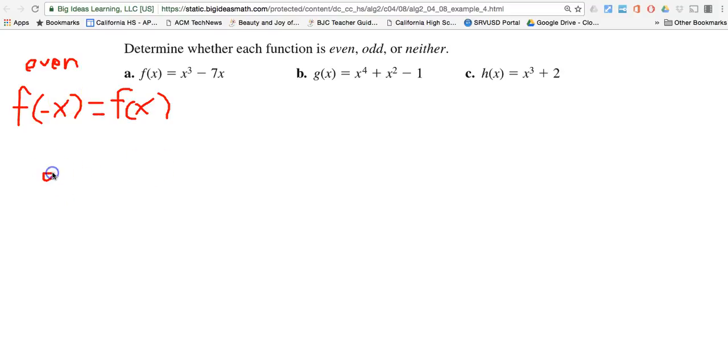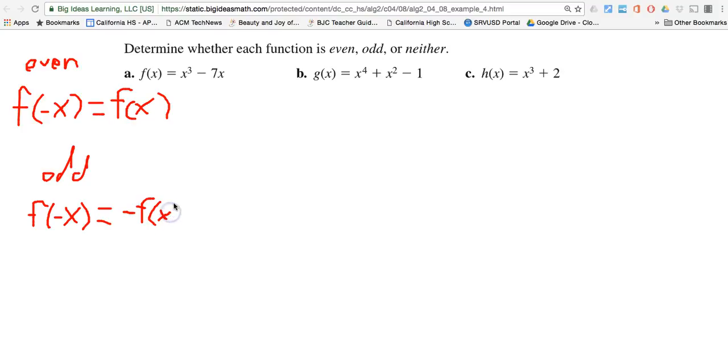Now, an odd function is one in which if we take f of negative x, so same thing, if we take the opposites of every input, that is actually going to equal the same thing as if we took the opposite of the entire function.